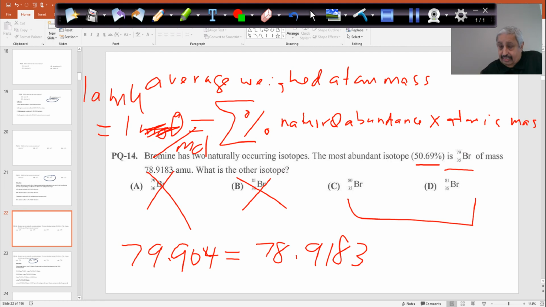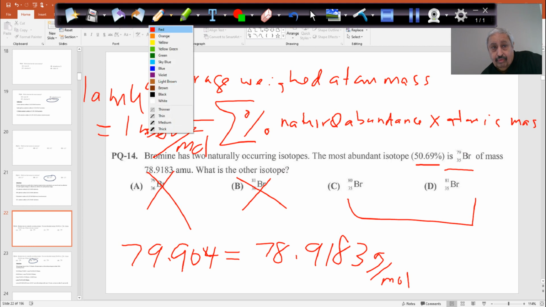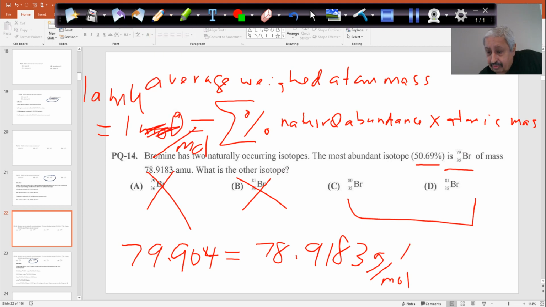So this is gram per mole, plus the most abundant one. We have this mass multiplied by its abundance, 50.69 over 100. This is the first one.